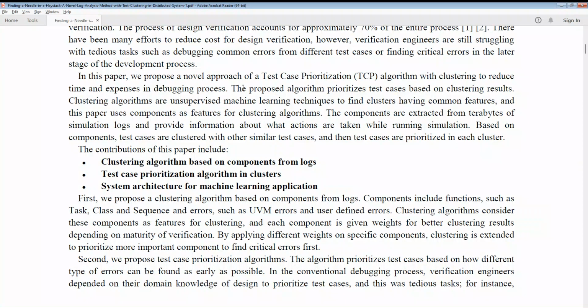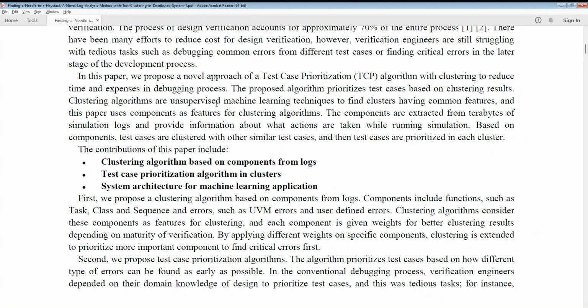The proposed algorithm prioritizes test cases based on the clustering result. Clustering algorithms are unsupervised machine learning techniques to find clusters having common features, and this paper uses components as features for clustering algorithms.